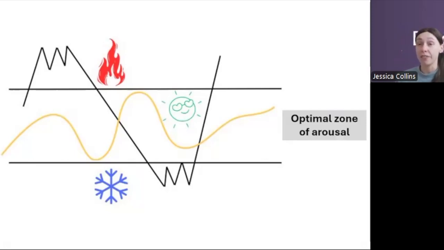We can feel negative emotions within our window of tolerance, particularly in response to challenges and stresses within our life, but we don't necessarily become overwhelmed by those emotions. This optimal zone of arousal is depicted by the middle section, by a happy little sun in the diagram on screen.